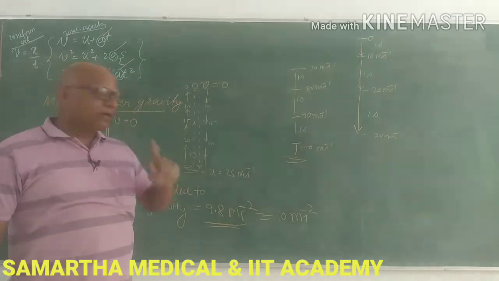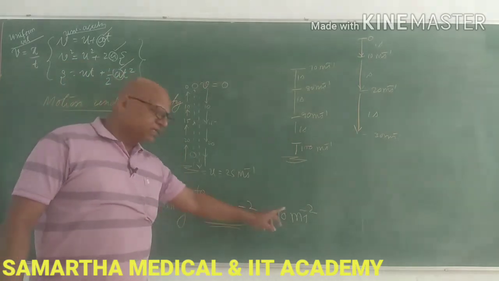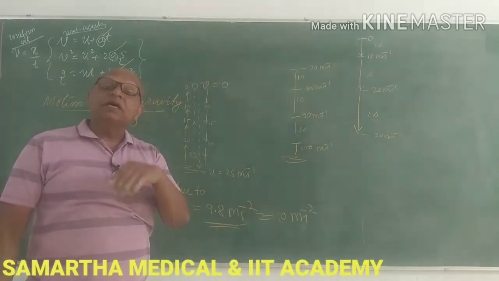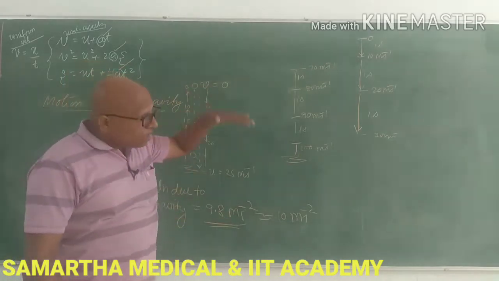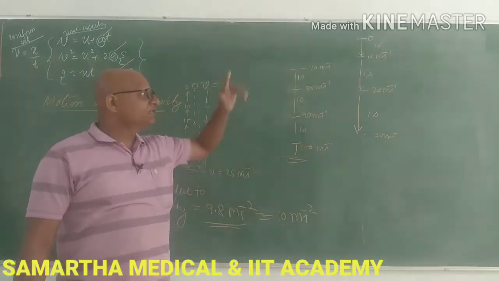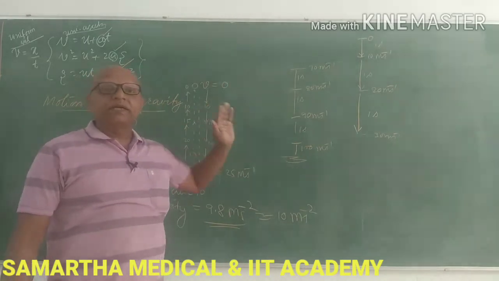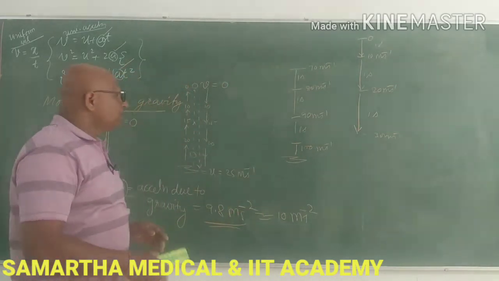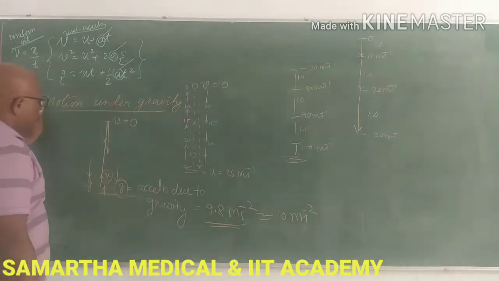While going up, it becomes minus 9.8 or minus 10, because it is negative acceleration. While coming down, the velocity is increasing. That's why it becomes positive acceleration, which is plus 9.8 meter per second square or plus 10 meter per second square.